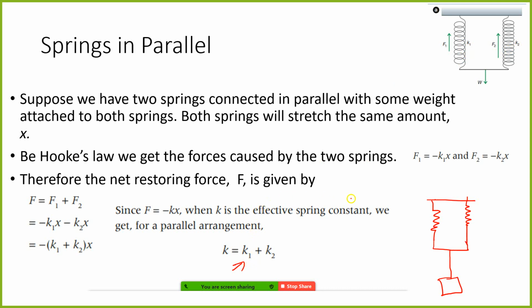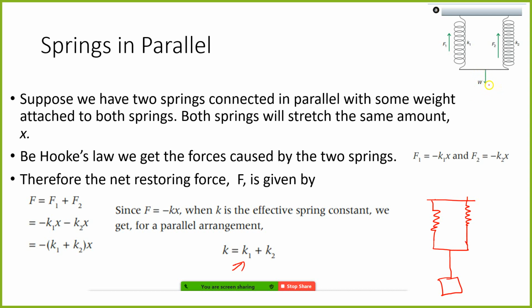There's a way to prove it as well, right? As you can imagine, whenever the springs are in parallel, they're going to have the same amount of extension. The extension is going to be the same. It means that both springs are going to hang at the same level. They're going to be extended by the same amount when the weight is attached.